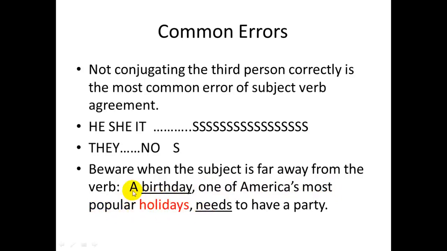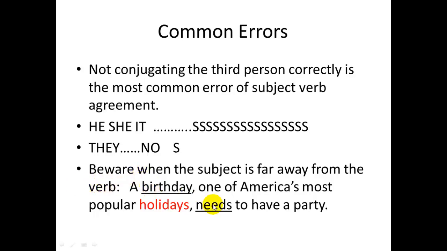Our real sentence is, a birthday needs to have a party. That's our sentence. These words in the center of the sentence are just extra. They make the sentence more exciting. They show some skill, but they're not essential to the overall concept the writer is trying to make.